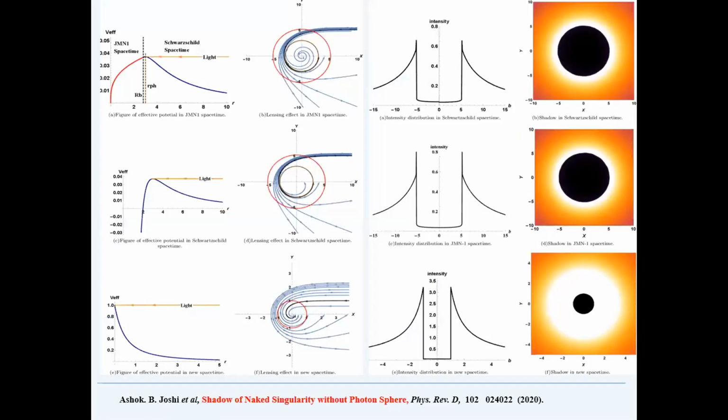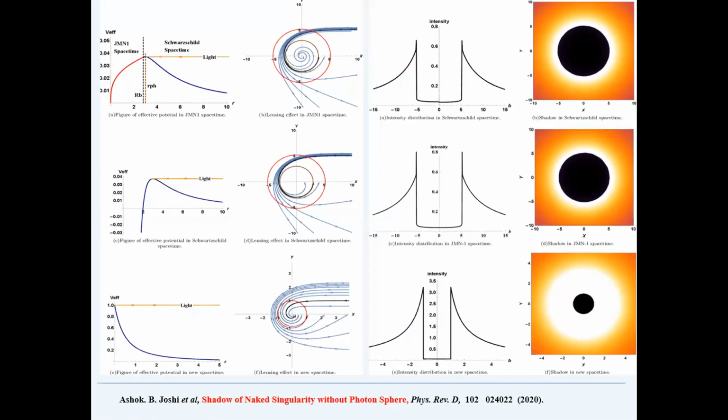So in this figure, in the first column, we show the nature of the effective potential of the null geodesic in JMN, Schwarzschild, and null singularity spacetime. In the second column, we show the light trajectory in this spacetime.